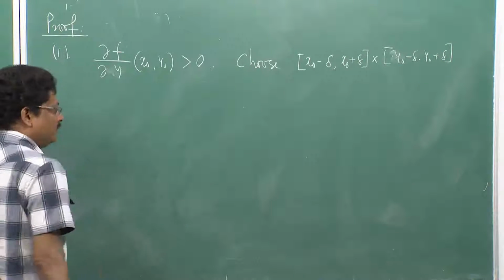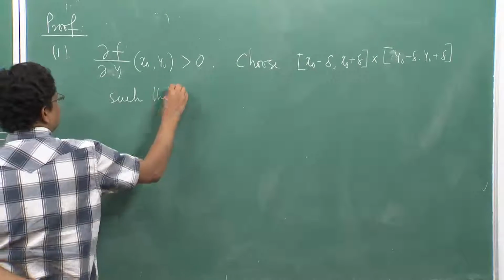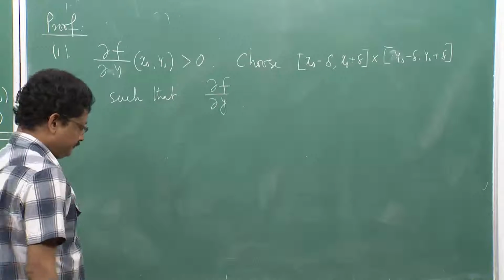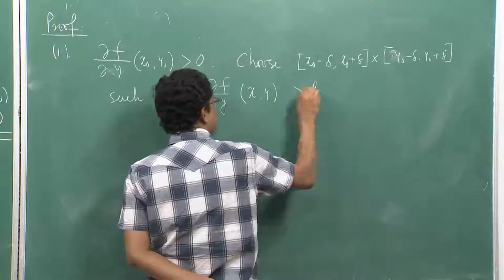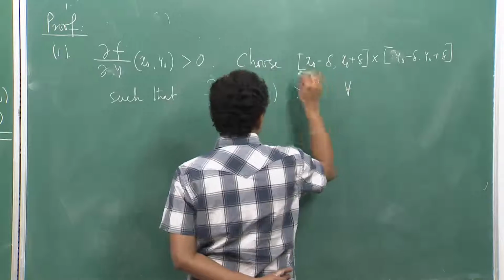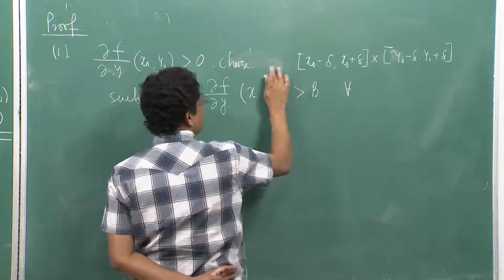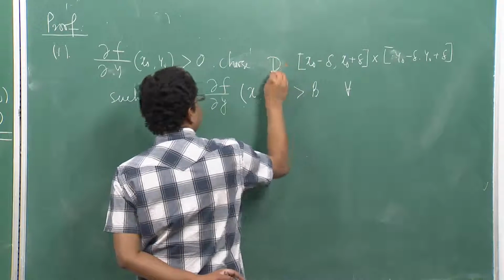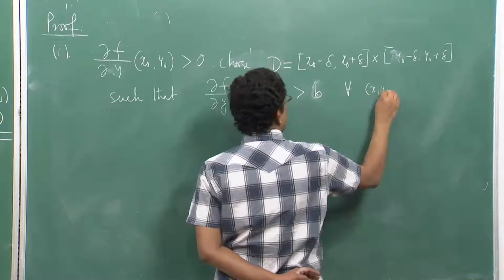You will see why I need a closed interval, such that del f del y at x, y is, let us say, bigger than some number b, for all x, y in the closed interval; give it a name, call it D.